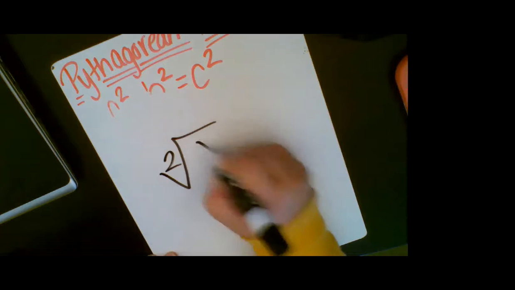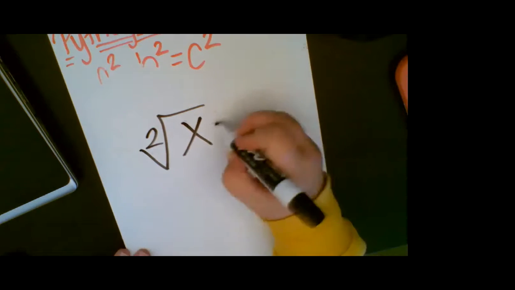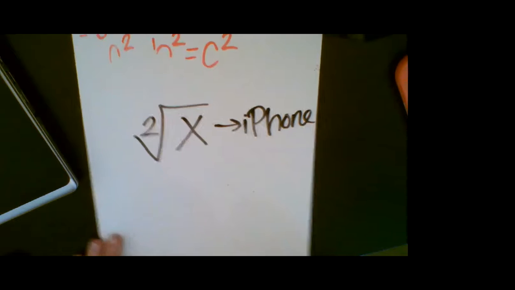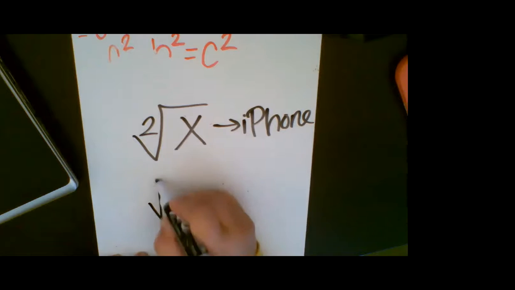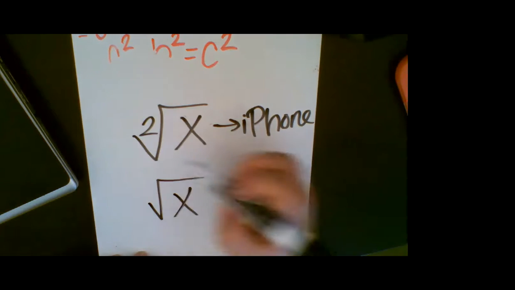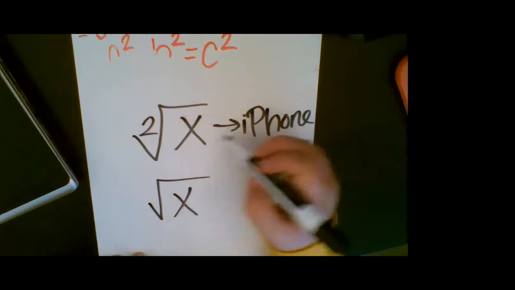On an iPhone, the button that you press looks like this. Okay, so this is for an iPhone. I'm not sure about other like phone calculators. On a regular calculator that you might have around your house, it usually just looks like this. So it's going to be one of these two buttons for the square root.